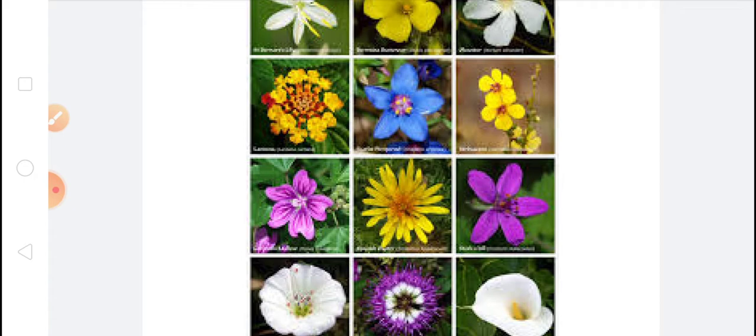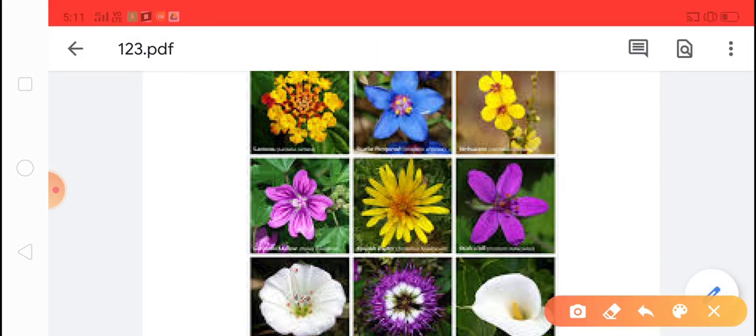Write whether the sepals and petals are joined, fused, or free. You can see in the picture some of the petals are fused. Some of the petals of the flower are free.